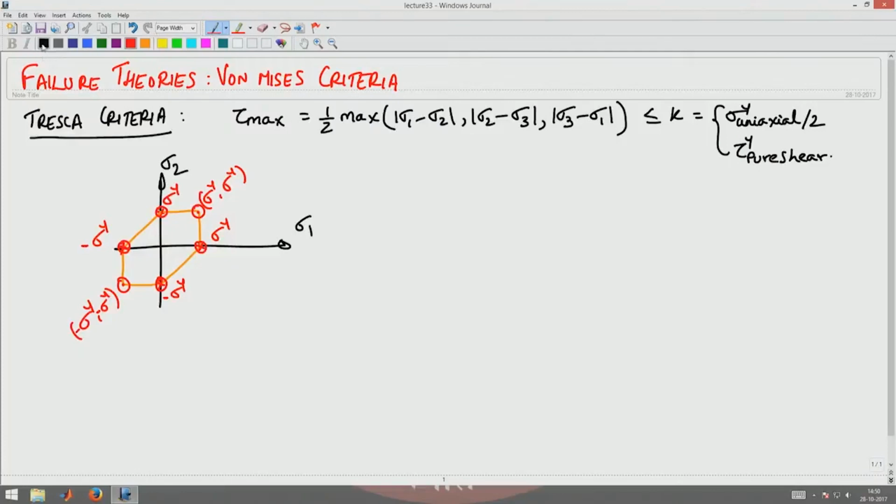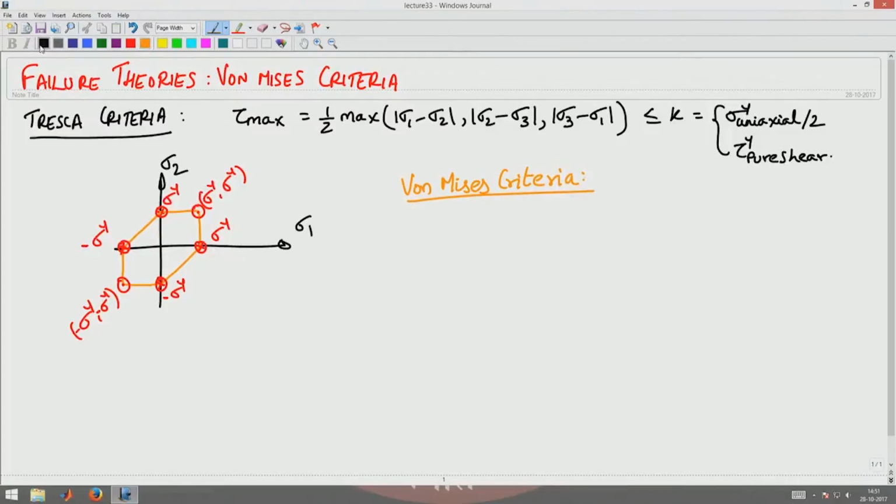In today's class, we are going to look at another failure criterion, which is called the von Mises criterion.